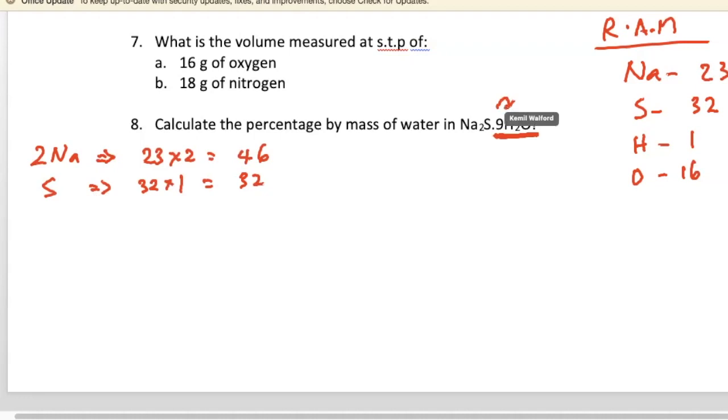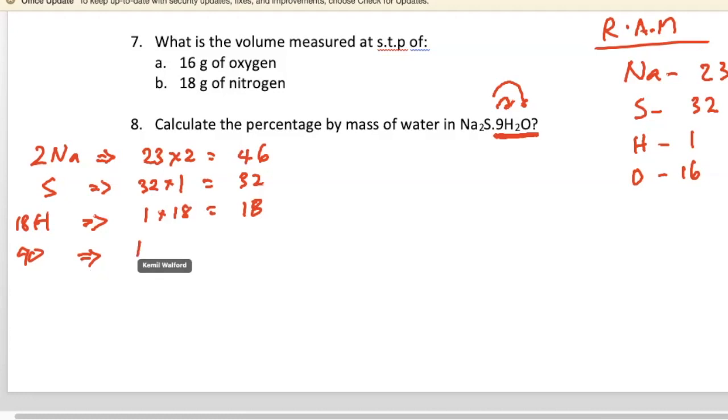So for the hydrogen, we'll have 18 atoms of hydrogen, 9 times 2 is 18. So the mass of hydrogen is 1 times 18, which gives us 18. And for the oxygen, we have 9 atoms of oxygen. So that would give us 16 times 9.